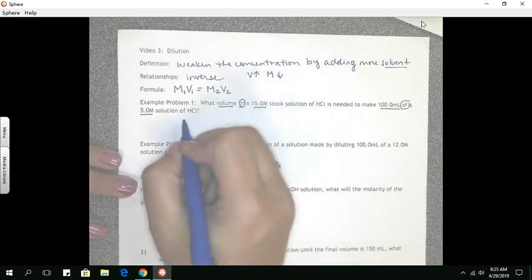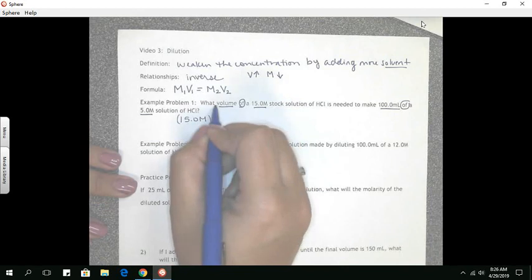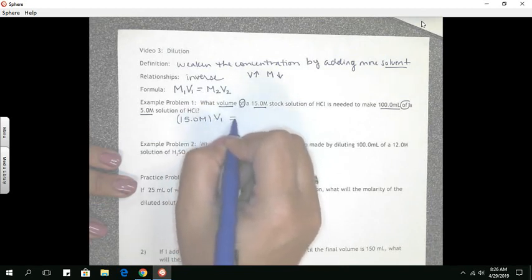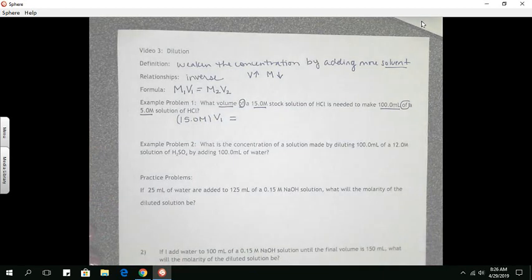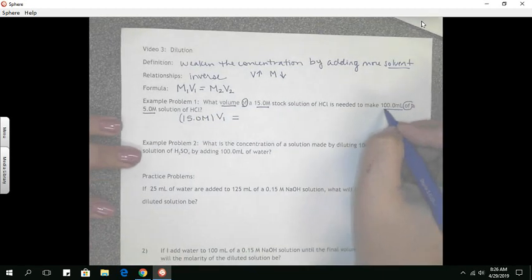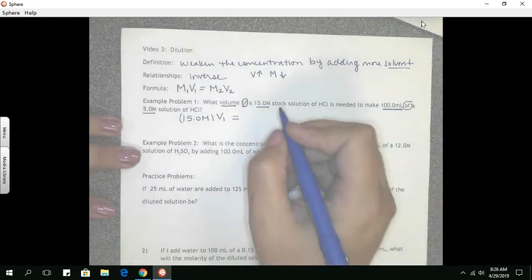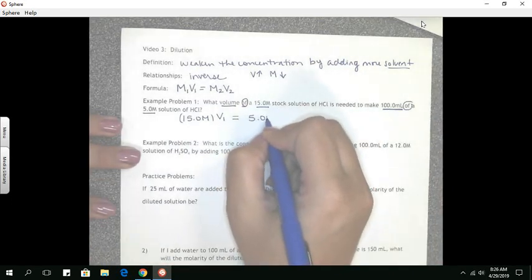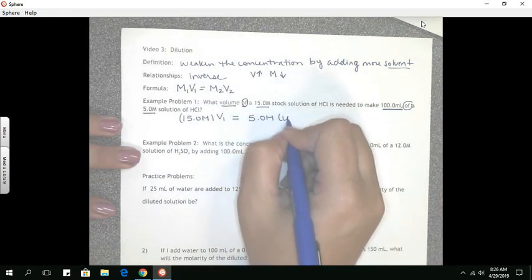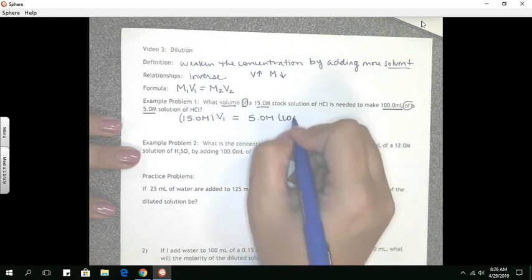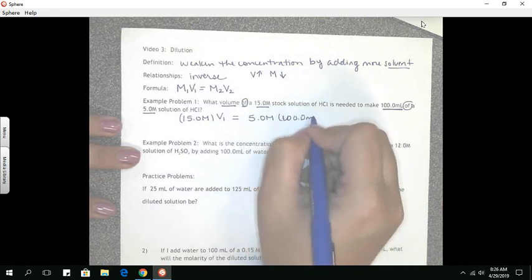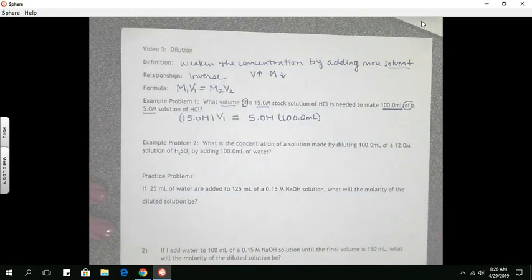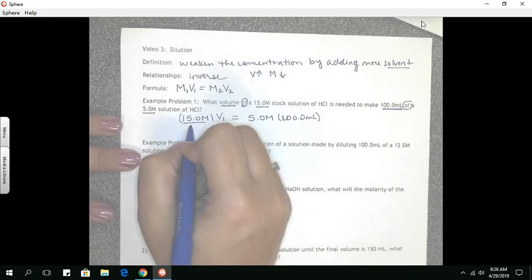Since we have a 15 molar stock solution that we don't know the volume of, that's our V1, our unknown. Then we are going to make a new solution, which is 100 milliliters of our 5 molar solution. So we have our 5 molar solution times 100 milliliters, and then we divide to solve for our volume.